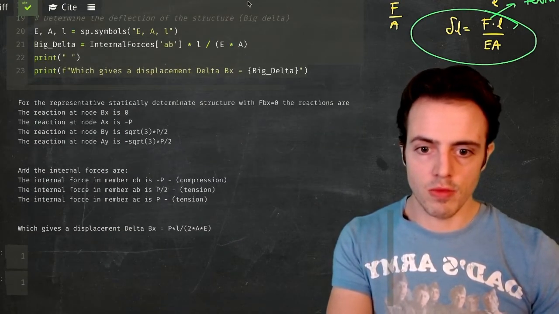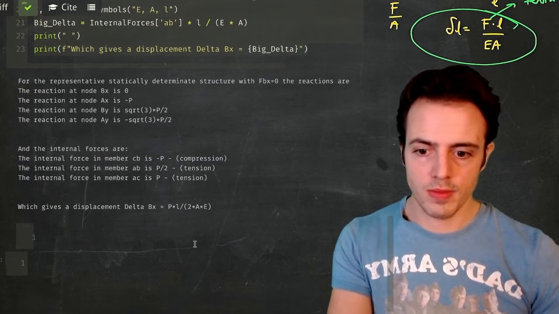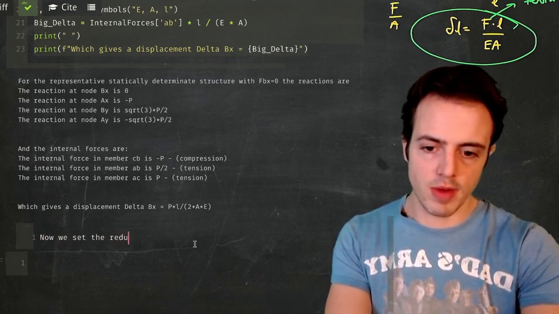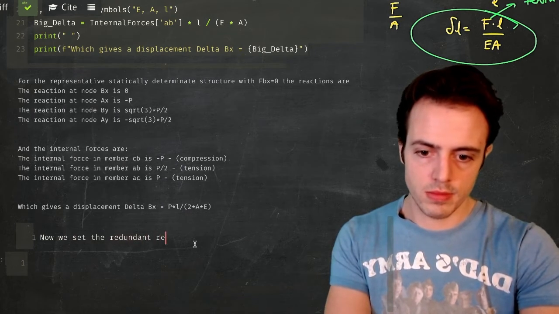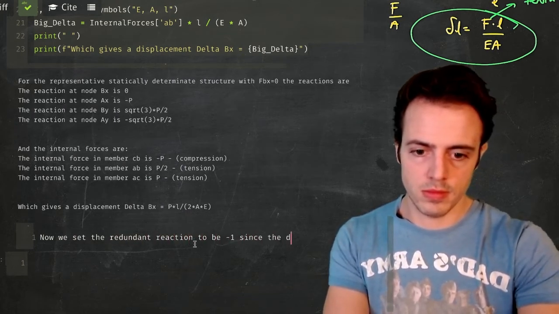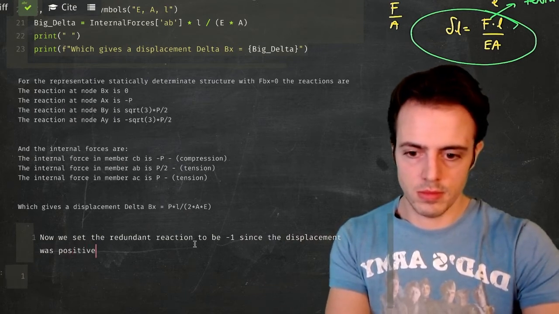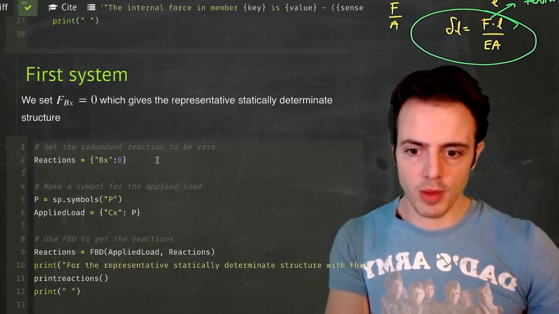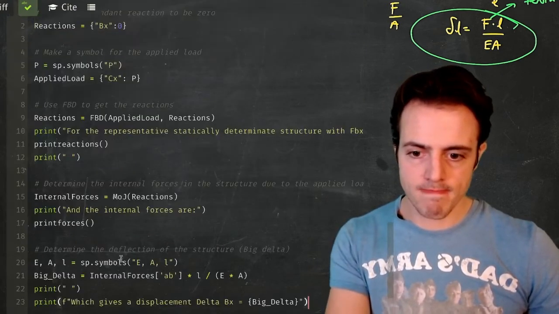Let's just narrate what I'm doing. I'll say, now we set the redundant reaction. Okay, so all of the lines of code that I've got up here, I'm going to copy down here.